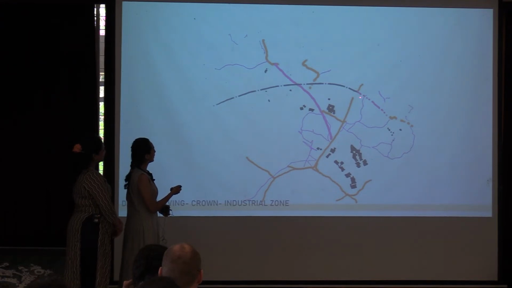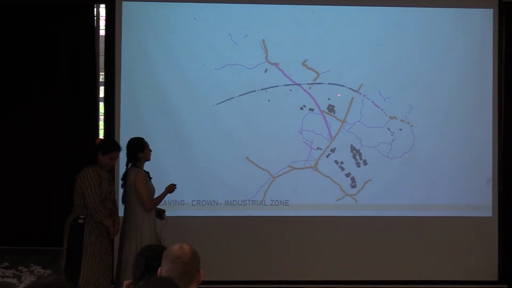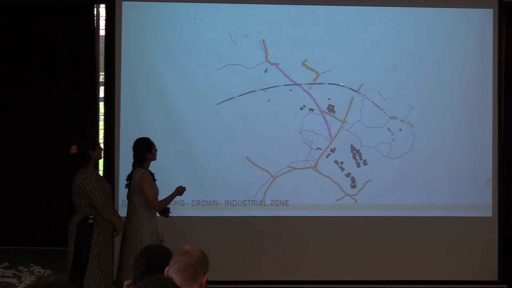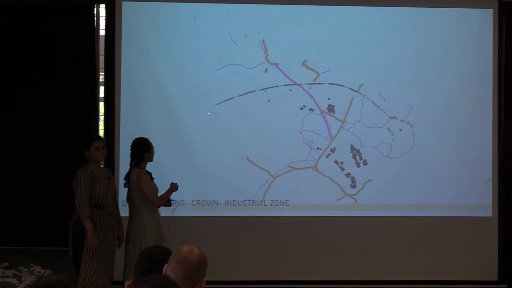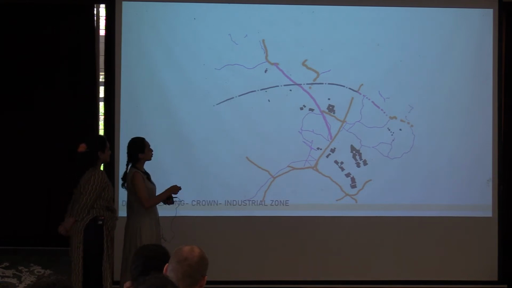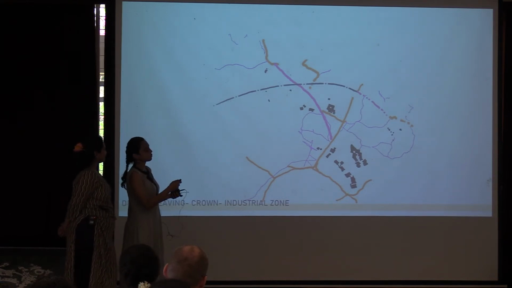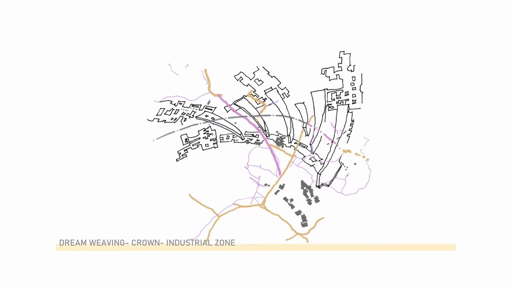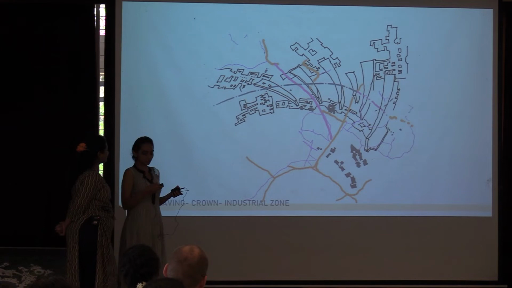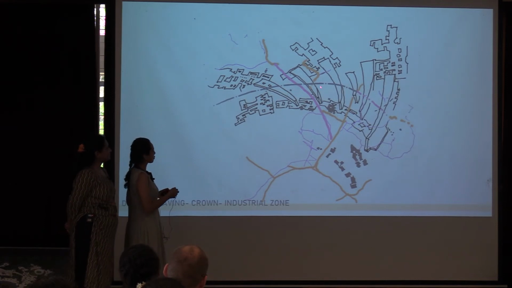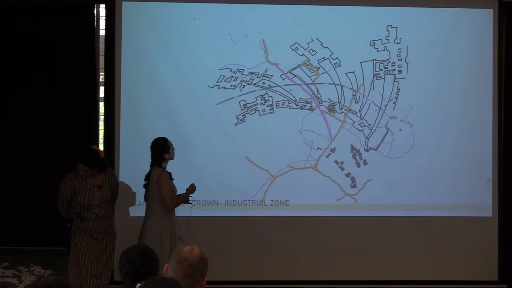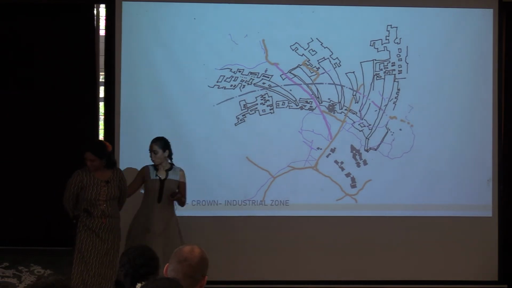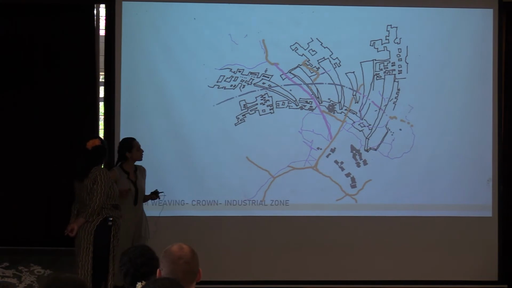Every time, from the beginning of the exercise, we were thinking: there's a crown, and how are we going to have this experience of the crown going through different places and different zones. One of the main things when we looked at the industrial zone was these lines of force, which are planned to be quite tall towards the center.